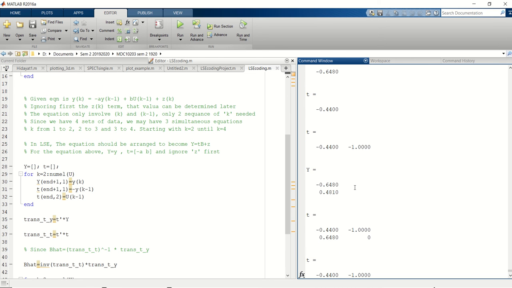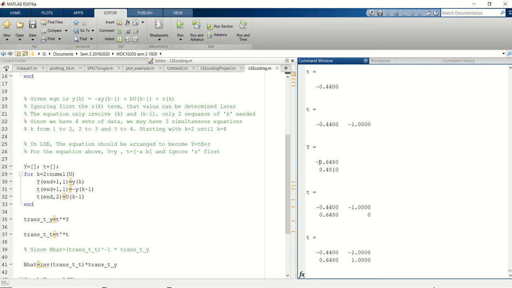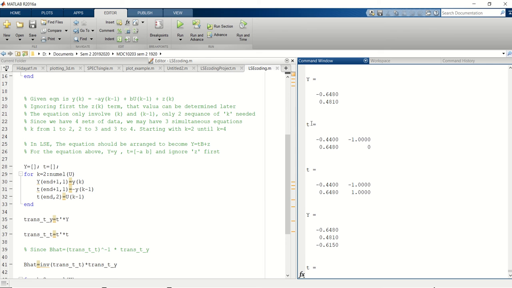And then in the second iteration we go to the second row of the first column and we assign t, and then for the third equation we assign this value.